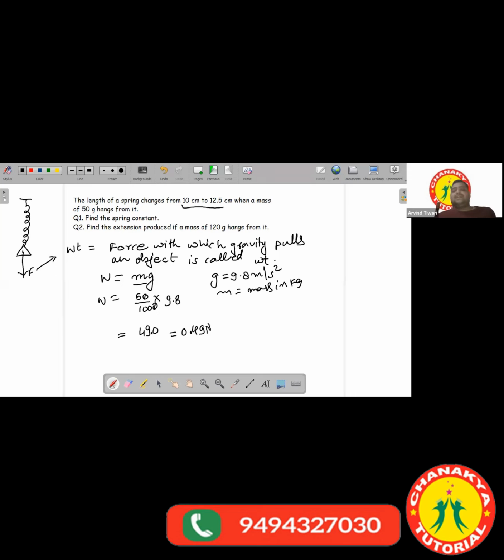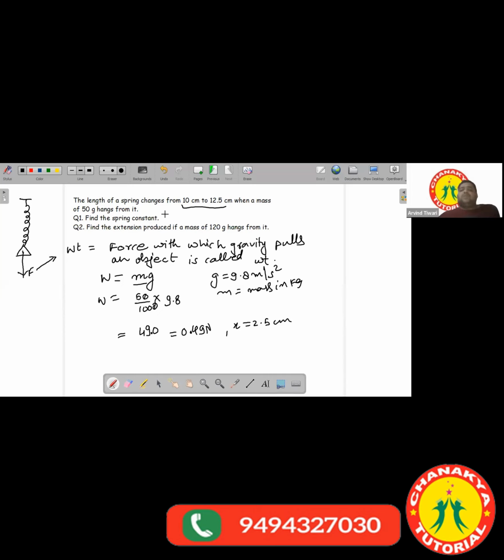The initial length of the spring was 10 centimeter, and after we hang the mass its length becomes 12.5. So the extension is 2.5 centimeter. Hence we can find out the spring constant.